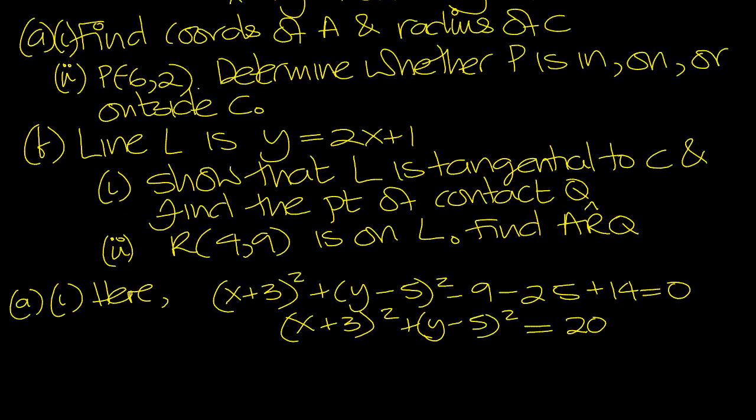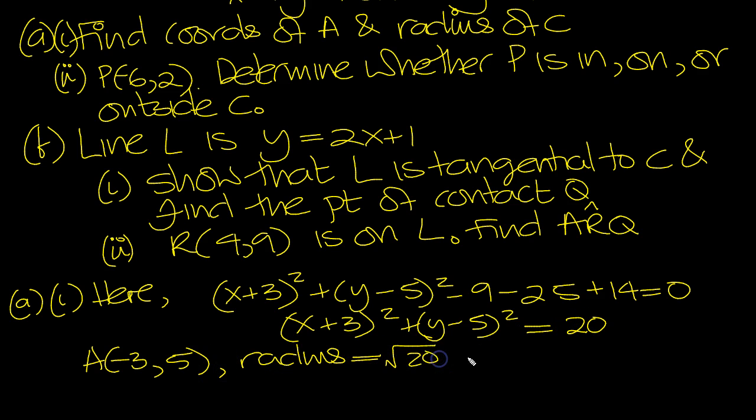So the coordinates of A has coordinates minus 3, 5 is the center, and radius is equal to, this is r squared, so square root 20. 5 times 4, take the square root 4 out and leave the root 5 inside. 2 root 5 when we simplify the square root 20.